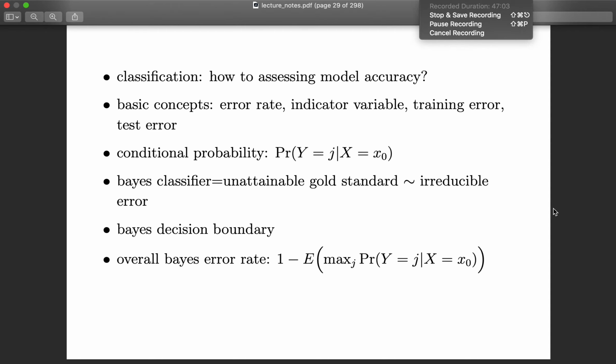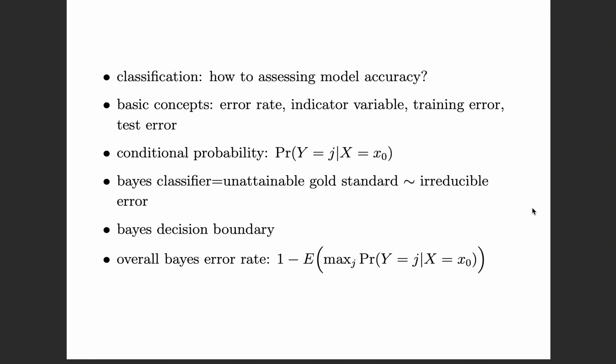Let's see. Okay. Now, classification. When it comes to classification, how do we measure model accuracy? Because the response is not a numerical response, it's categorical, and we cannot use mean squared error, for example.